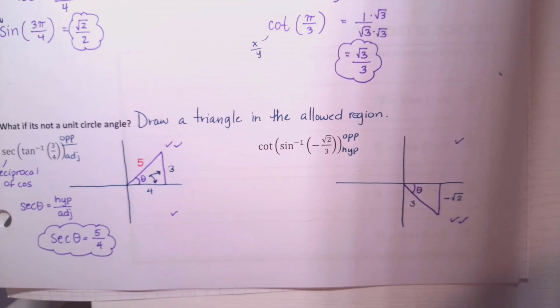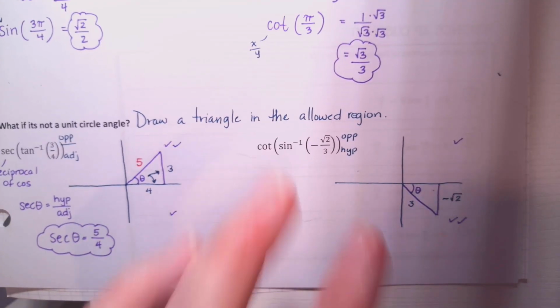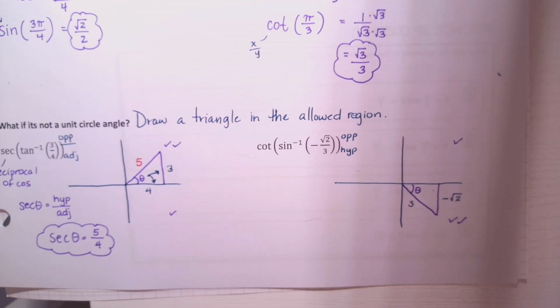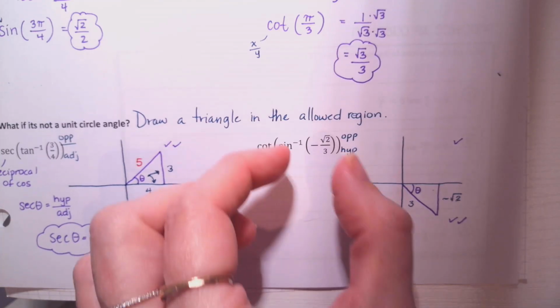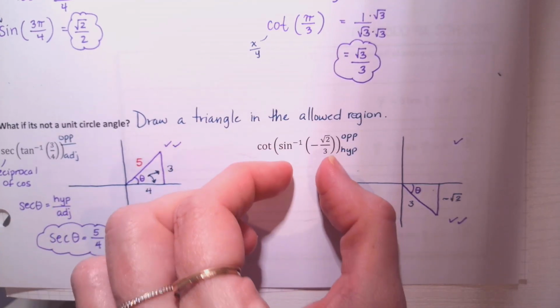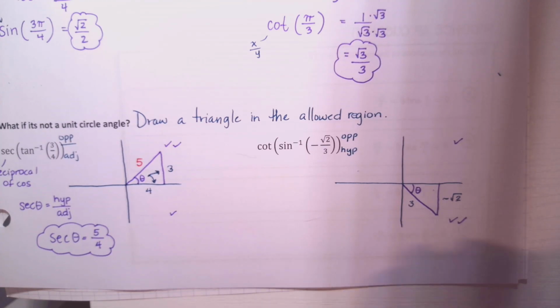And from there, we're asked to find the cotangent of this angle. Now again, just like the last one, it doesn't really matter what the angle is. All we need to do is find the cotangent of whatever that angle was. So cotangent, remember, is the reciprocal of tangent.